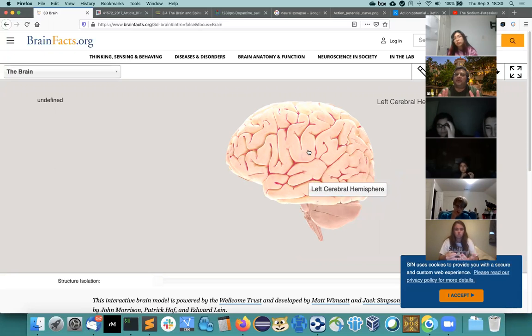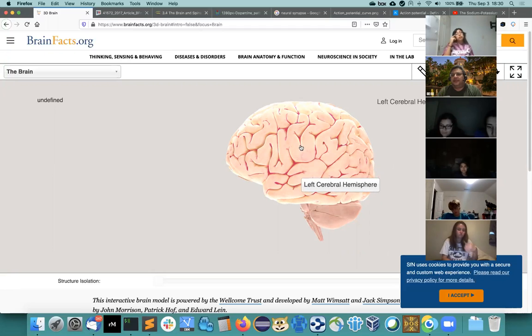And the reason our brains are so folded is so that we can pack as much brain into our skulls as possible. Otherwise our skulls would be this big. So in order to reduce the size of our brain, it's packed in like this.